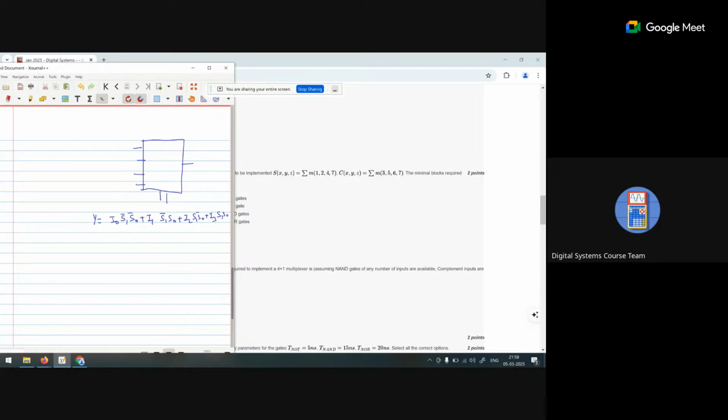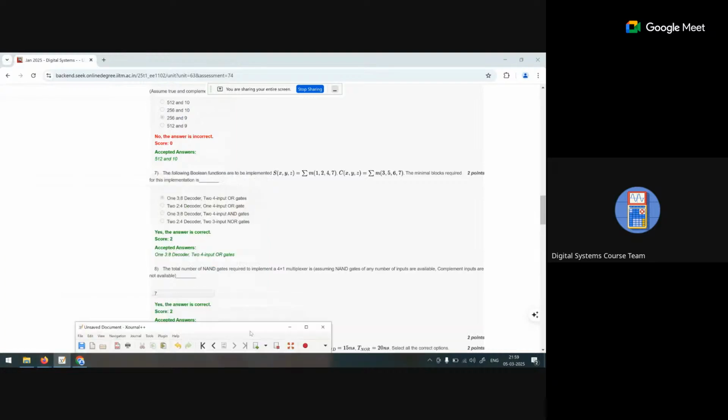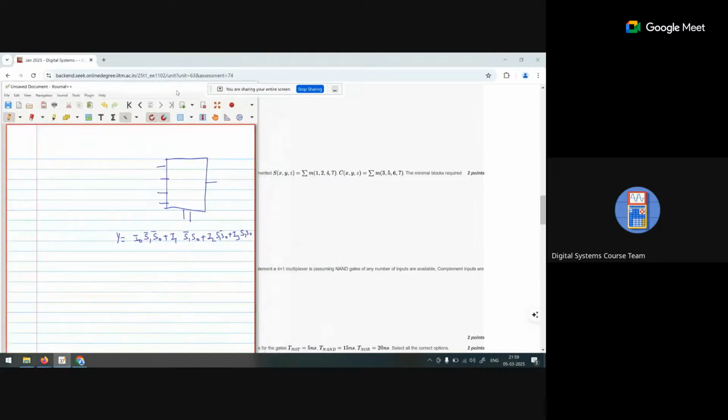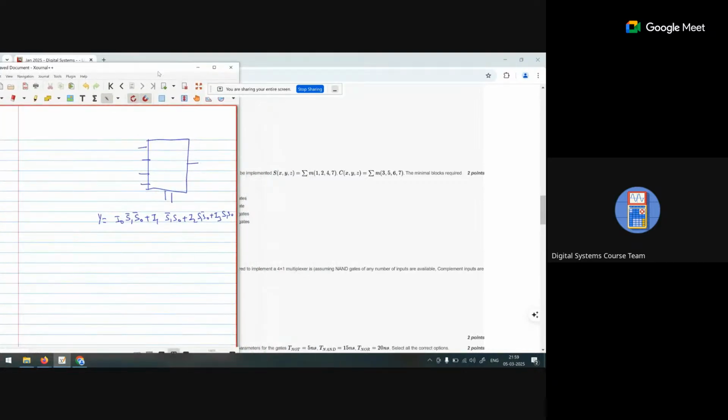Okay. Now you have to implement this with the help of NAND gates.